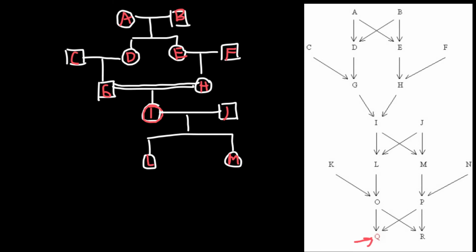And once again they marry, individual K and N. So individual K here and N here. Now what we see here is that they have two children, O and P, and now sex is important. It doesn't matter whether we put the male child here or here, but these two individuals have to be of the opposite sex because they have children.